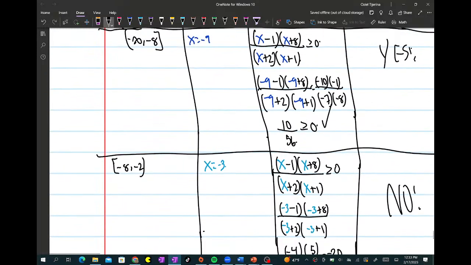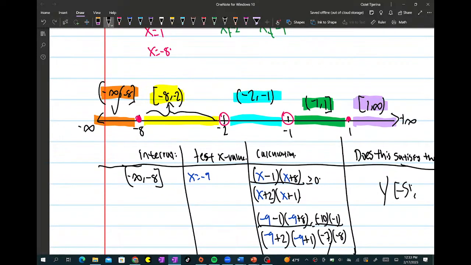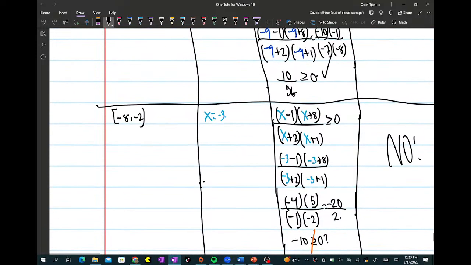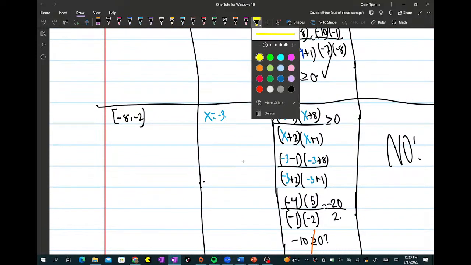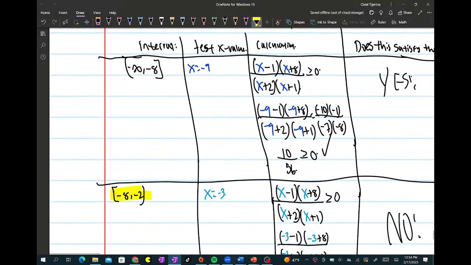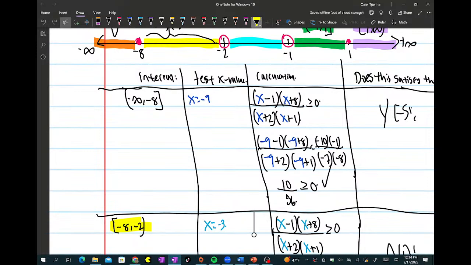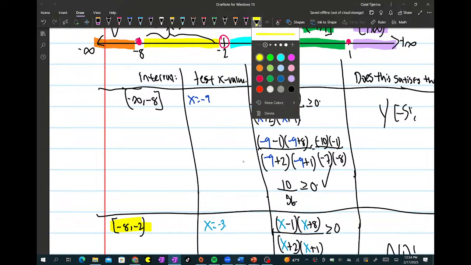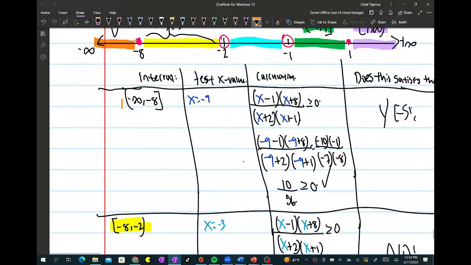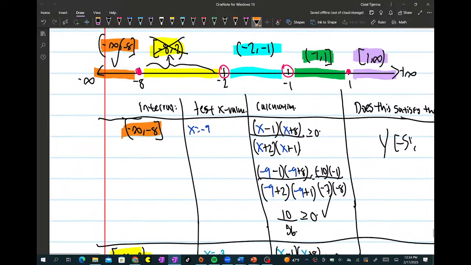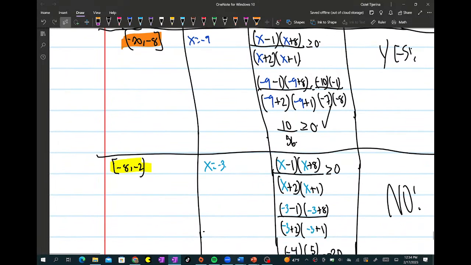So obviously we know for a fact that this will not work, so we can cross that out, and you just keep going for the rest of them that are left over. So we already did from negative infinity to negative 8, we did from negative 8 to negative 2, and now we're going to do from negative 2 to negative 1, right?